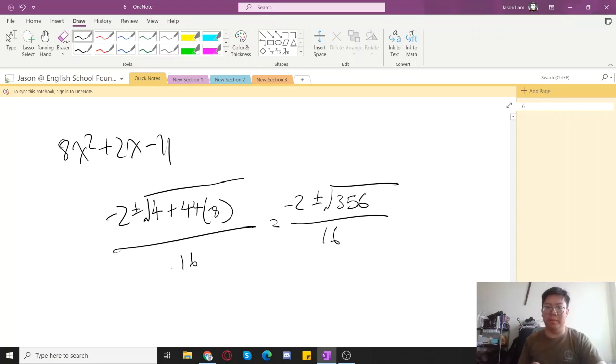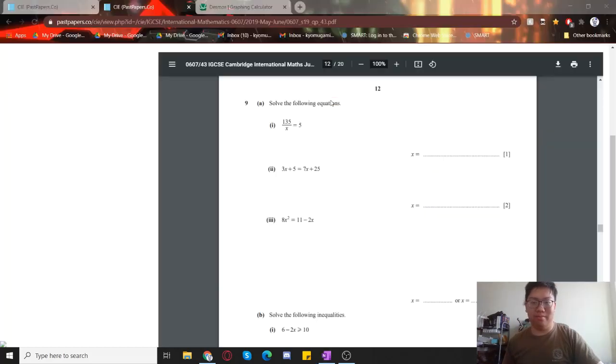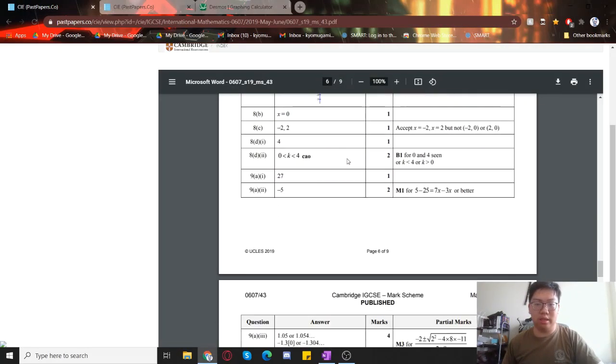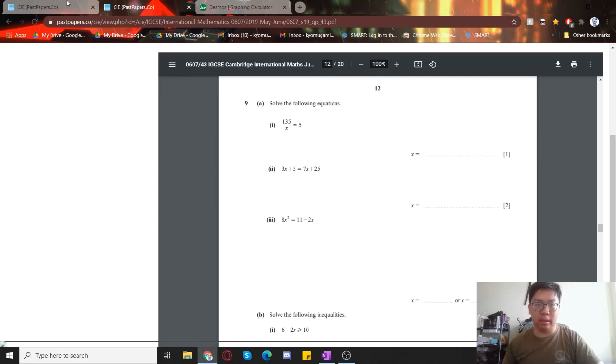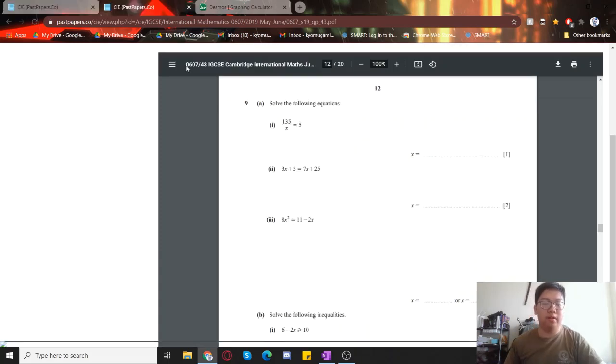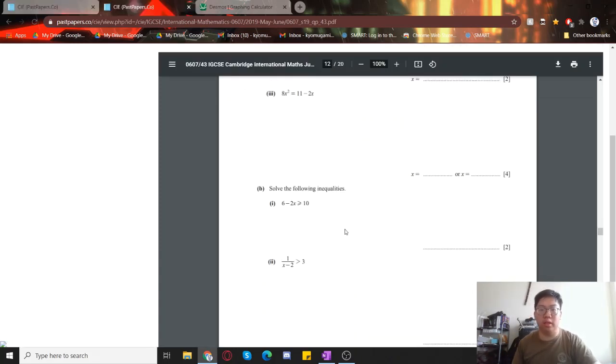Again, I'm not going to do this last part for you. This is pretty straightforward, but if you do have problems, I recommend going over quadratics. But this should be, let's find it, just this. So that's what we did. So that should be 1.3 and 1.05. There's your answer.